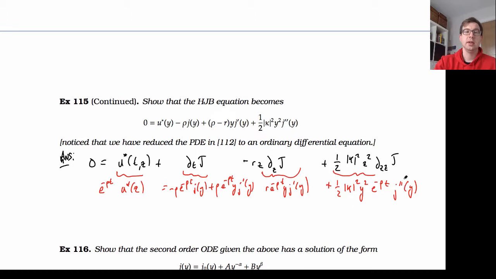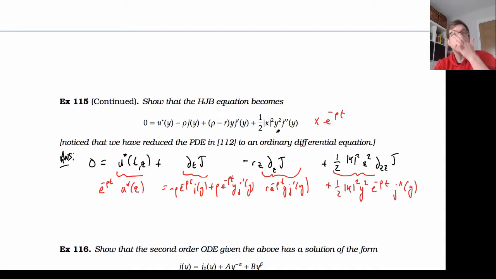When I collect all these terms together, you can notice it's just this expression times e to the minus rho of t. So applying all the substitutions from the differentiation above, I've got an expression which relates to the Legendre transform of the utility function that we're working with, and then some function y that we need to solve for.